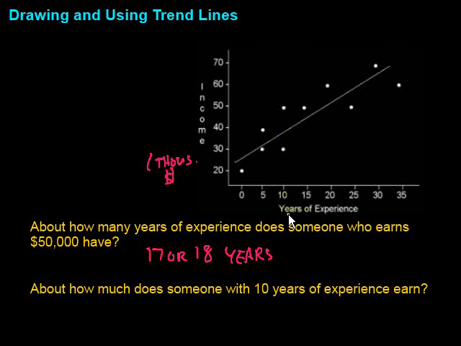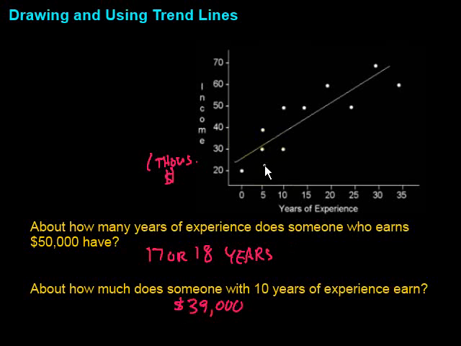Well, which is it? Well, our trend line allows us to make a prediction. And notice how it's basically halfway between the two. Right about here, and maybe just a tiny bit less than 40,000. So let's say 39,000 would be about how much someone with 10 years of experience would be earning based on our trend line.